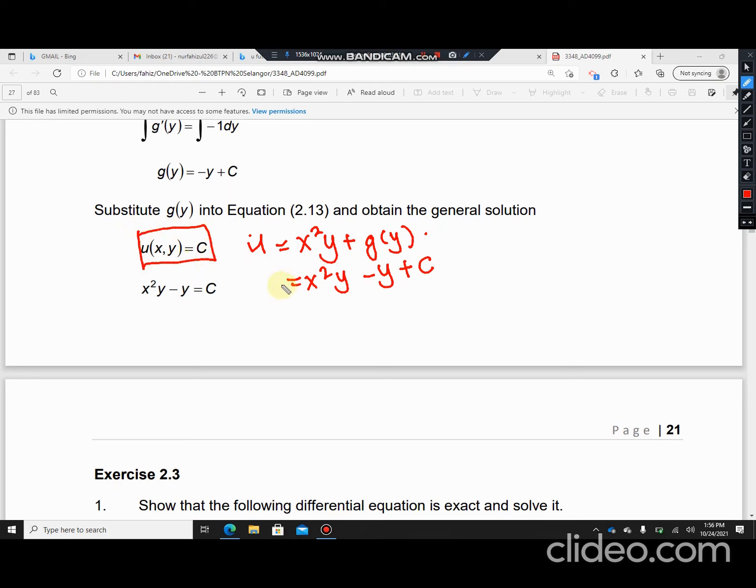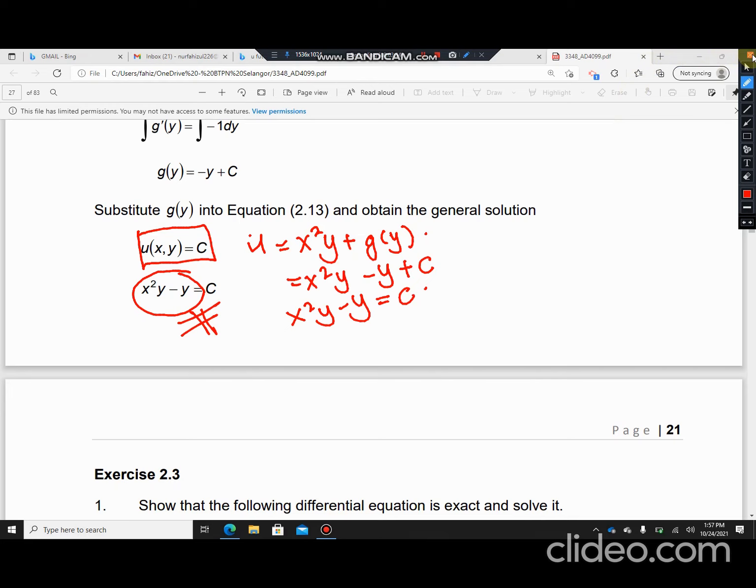So yang ni kita pindahkan ke sebelah kiri, x square y minus y, so it is equals to c. Sebab yang ni kita nak bentuk ni kan, since kita tahu yang ni adalah u(x,y), so awak kumpul u(x,y) sebelah kiri, so it is equals to c. So this is a solution for exact differential equation.